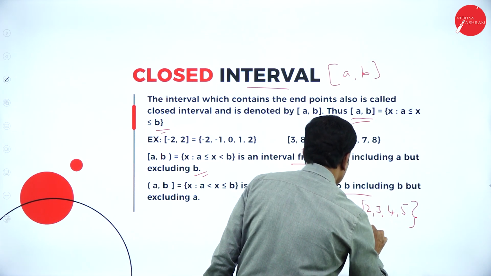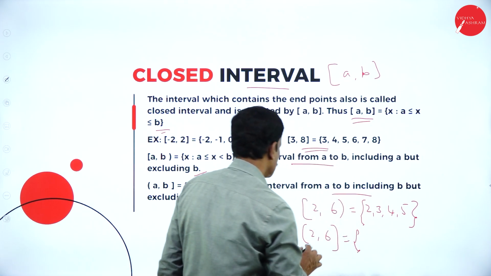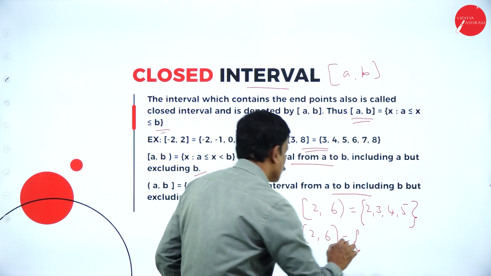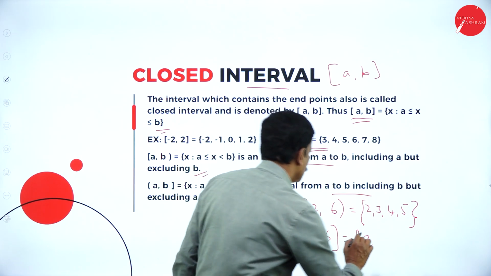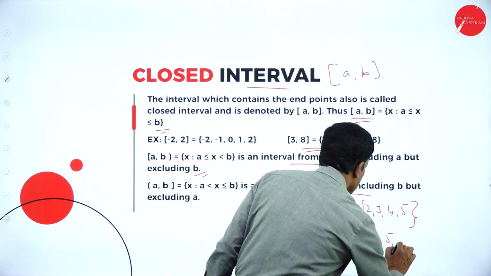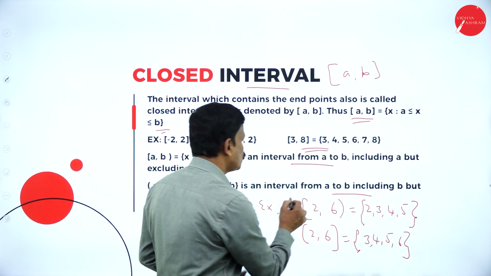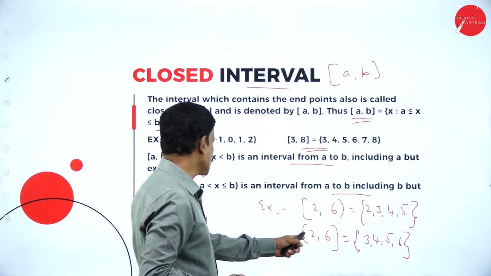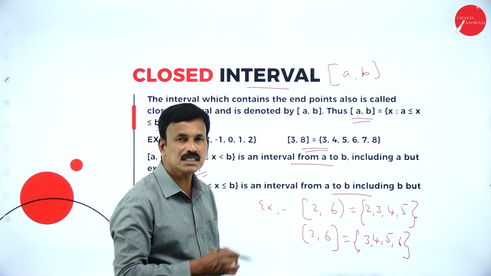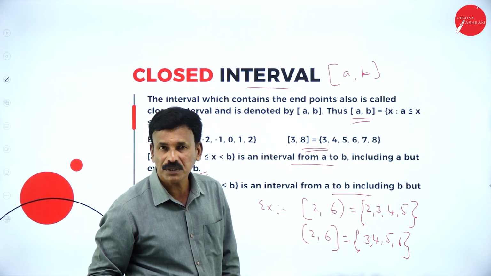That's it. Whereas here, (2, 6], all the values are 3, 4, 5, 6, including 6. So here 2 is included, 6 is excluded. Here 2 is excluded, 6 is included. That is semi-closed and semi-open intervals.